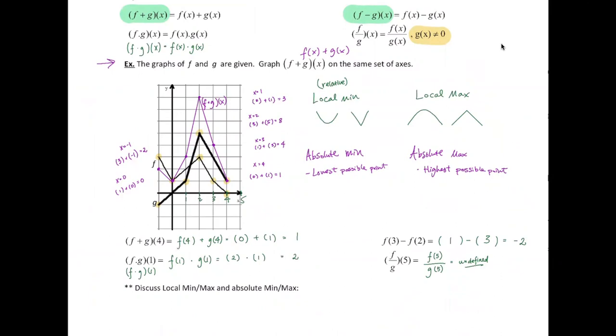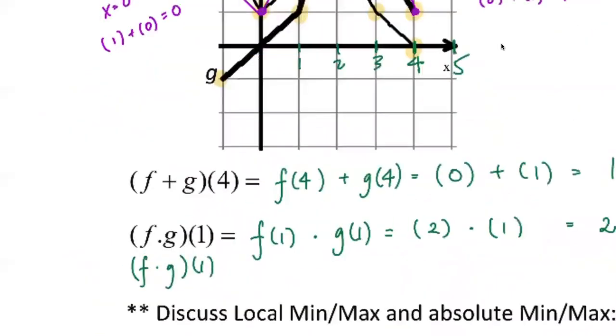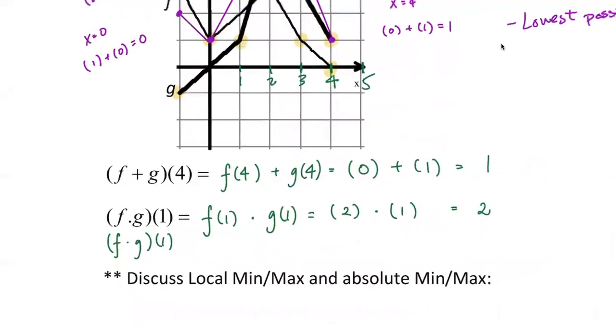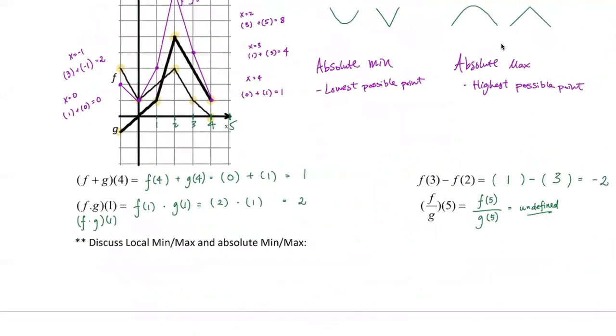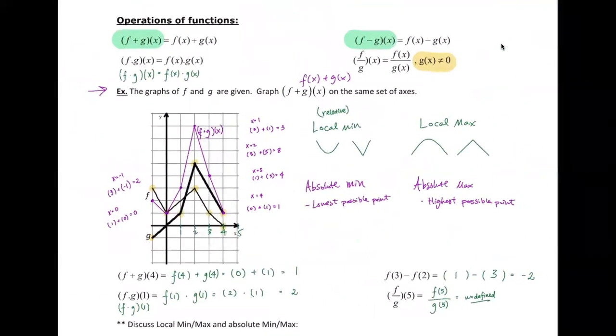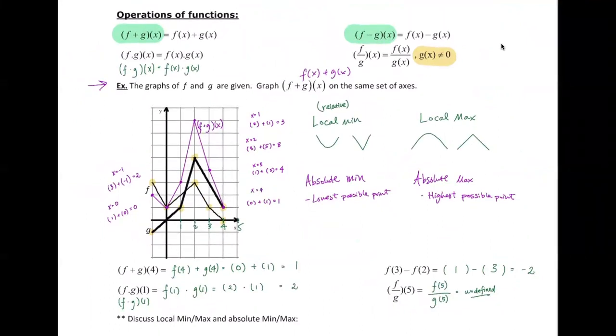You interpret the notation properly, find the corresponding values correctly, and then you just compute and find the sum, difference, product, or quotient. That's pretty much it for the operations of functions. I think everybody should be able to handle this and achieve excellence on this topic.